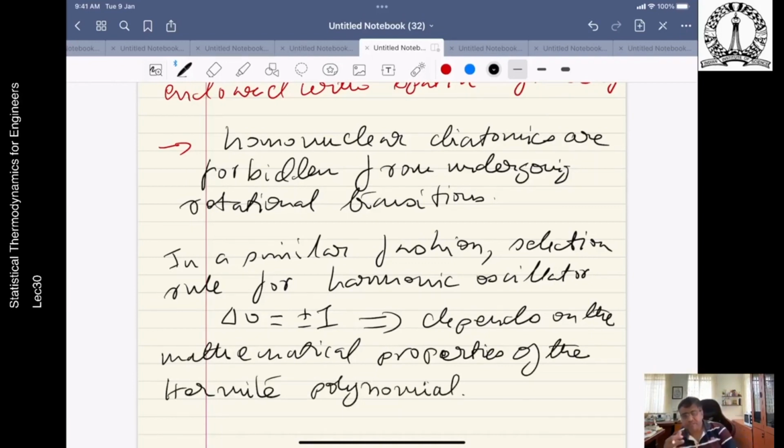This depends on the mathematical properties of the Hermite polynomial.